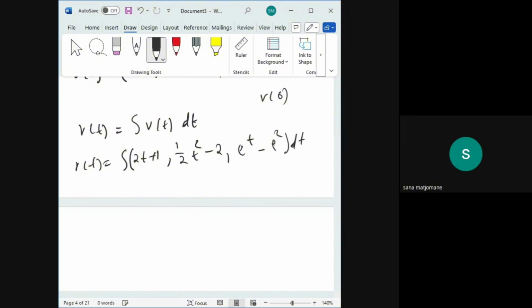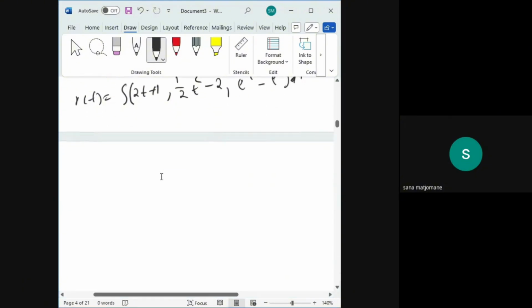So dt, same thing we did, guys. We're going to integrate each component separately. What are we going to start with? Integrating 2t plus 1 dt. When I add 1 plus 1 is 2, 2 over 2, the 2 cancels, so here I'm just left with t squared plus t.